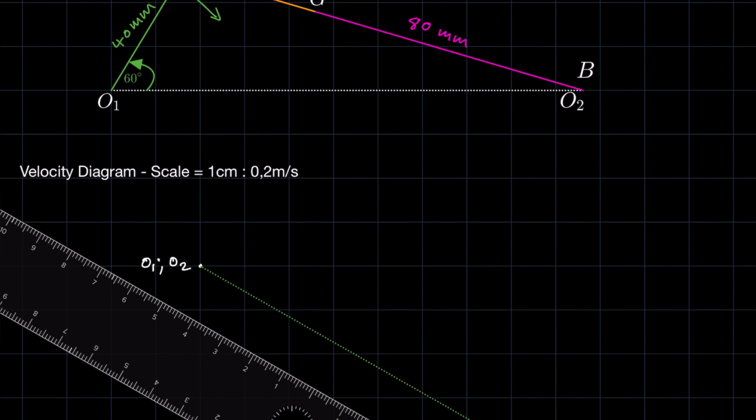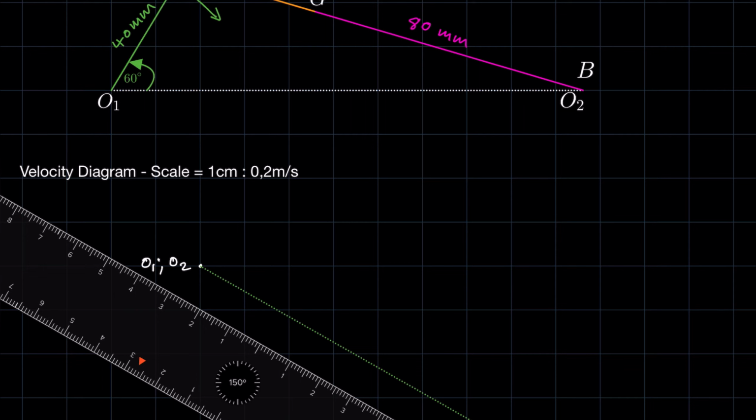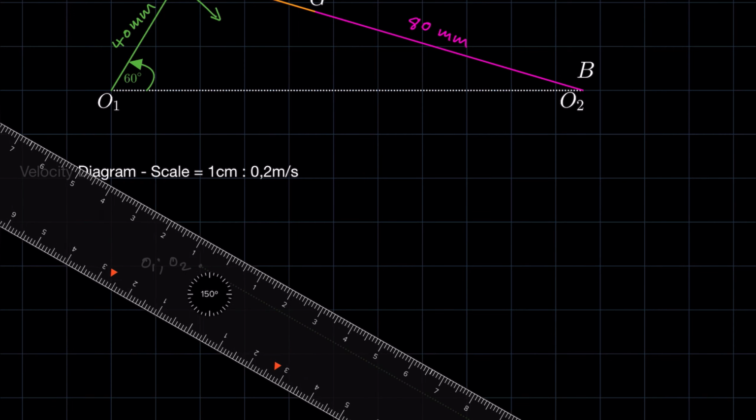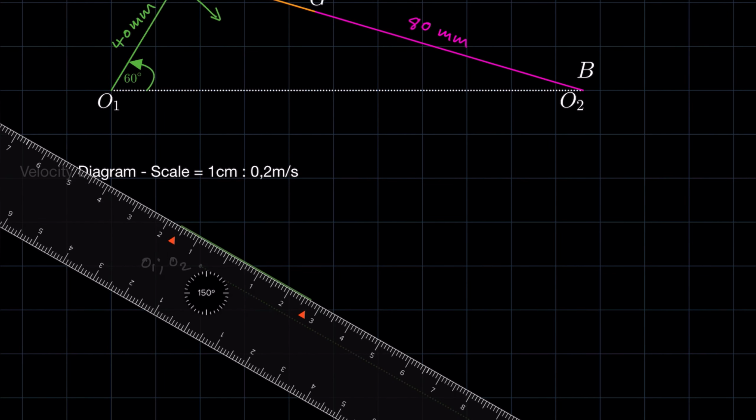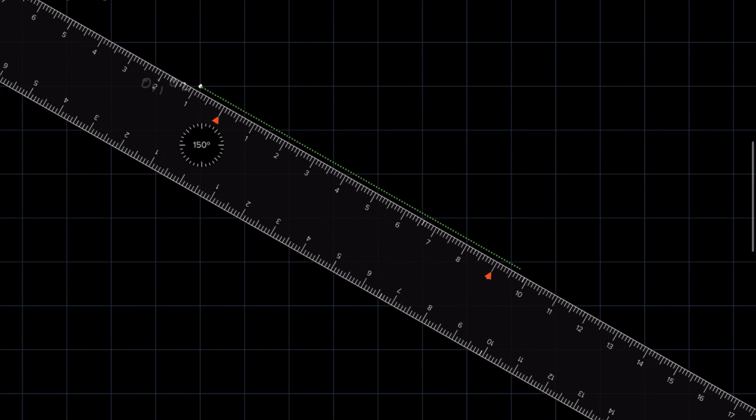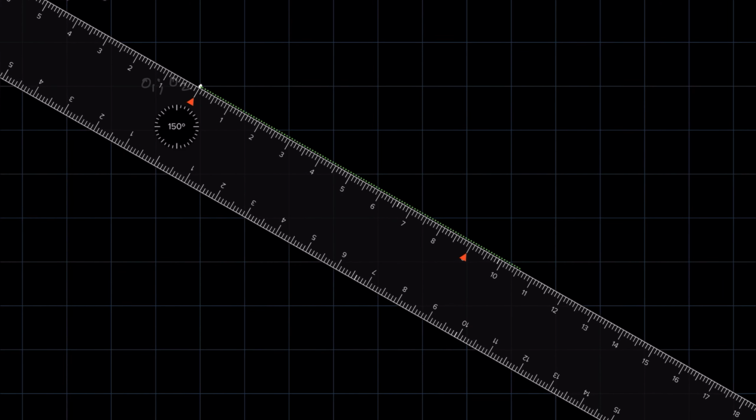Once you've done that, remember we had already determined that the velocity VA will be equal to 9 centimeters on the velocity diagram. So you now use your ruler and measure 9 centimeters. You've already drawn this line, remember?